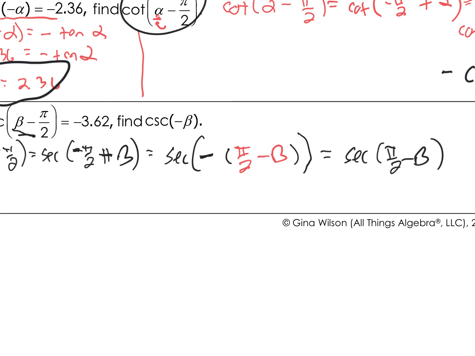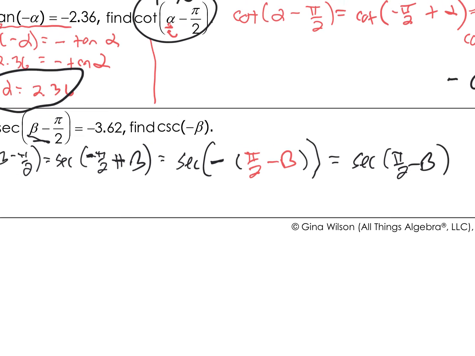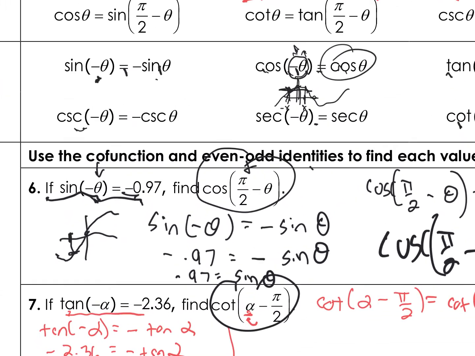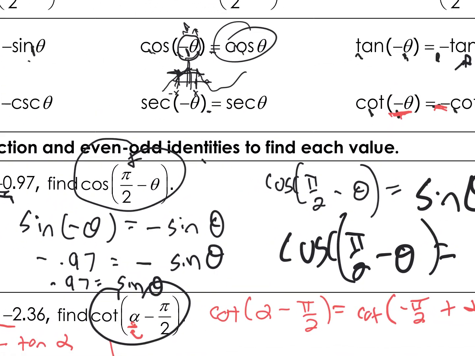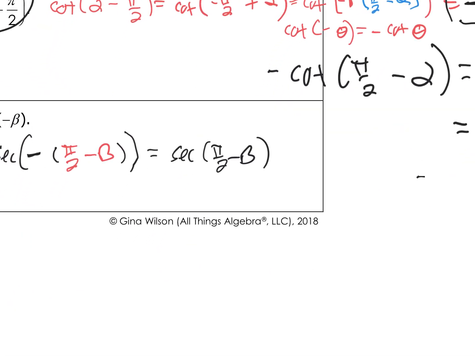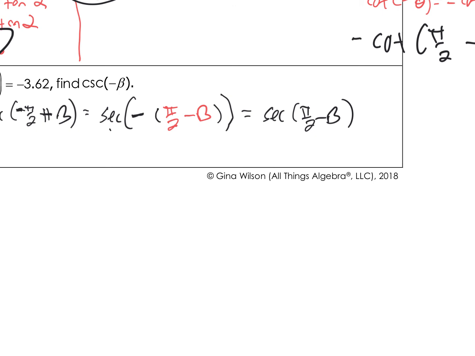Let's go up there and look. Secant of a negative angle. Where is it? Secant of a negative angle is the same thing as positive secant of the angle. Whew. So I think I have it right.